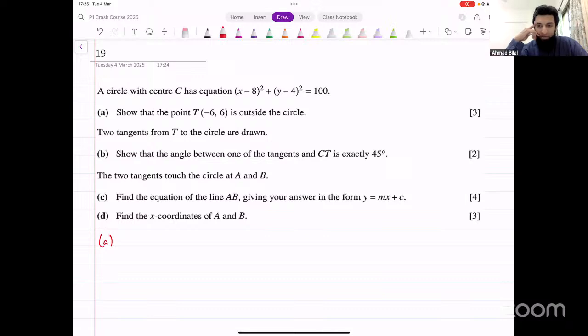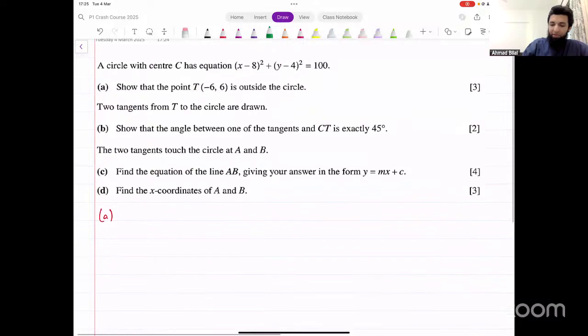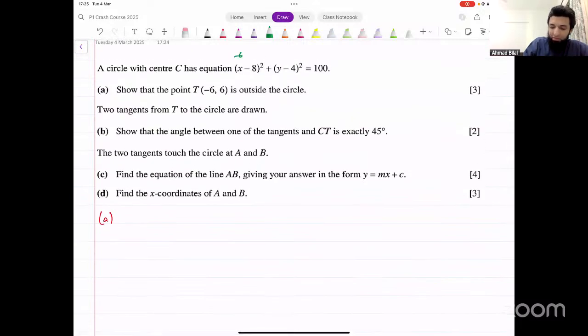Put x and y in the equation. Okay. So you are saying that you put x and y in the equation. (x minus 8) whole squared plus (y, which is 6, minus 4) whole squared equals 100. And that gives you 14 squared, which is 196 plus 4.